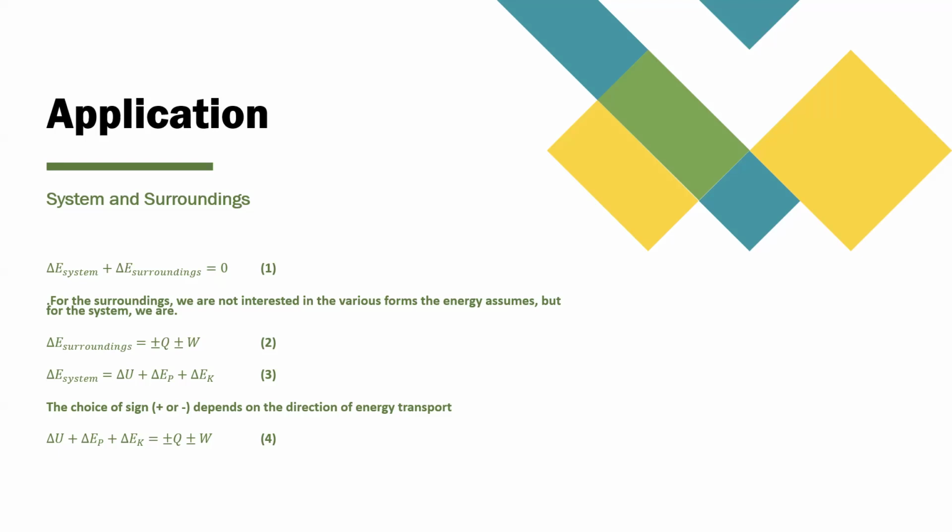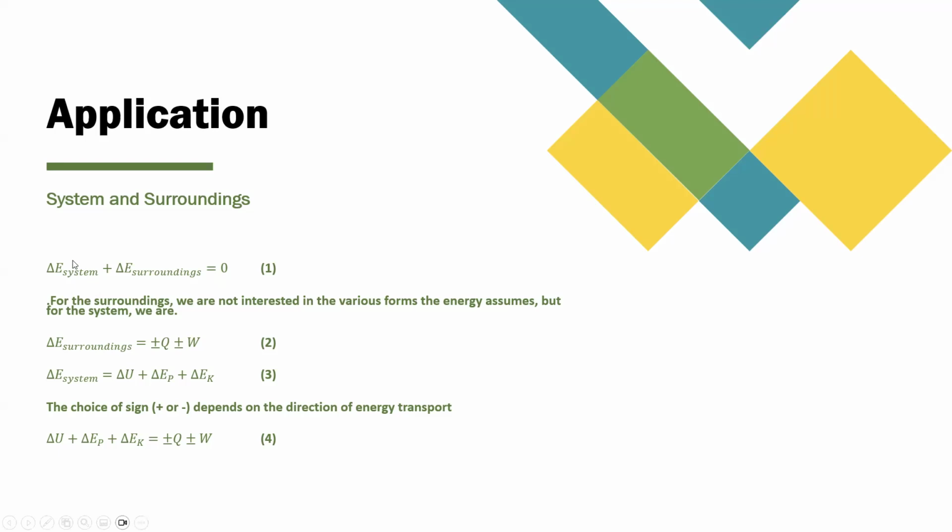So equation 1 gives us the basic understanding. The total energy in the system will change, that's delta E. And the total energy in the surroundings will also change once there is a change in the total energy of the system. So equation 1 says that the change in the system and the change in the surroundings cancel out.